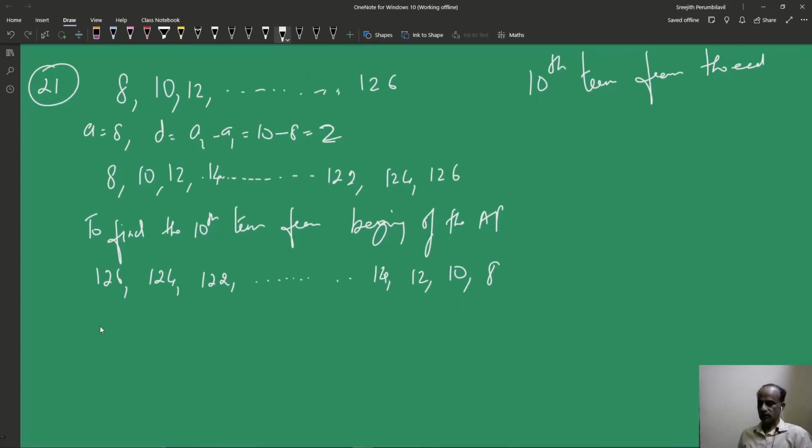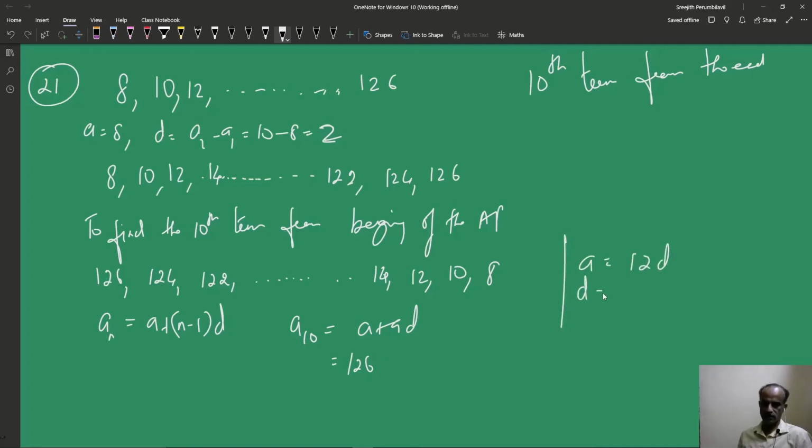The 10th term from the beginning: an is equal to a plus n minus 1 into d. A10 is equal to a plus 9d. In this case, A is equal to 126 and the common difference is 124 minus 126. As I said earlier, the D was positive 2, and in the new case the D will be negative 2.